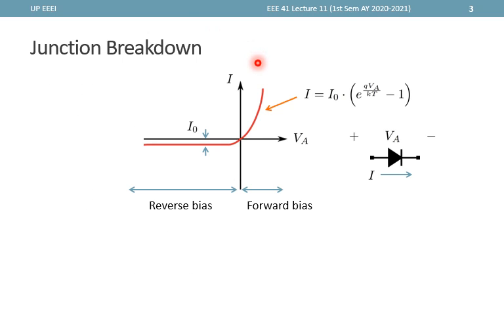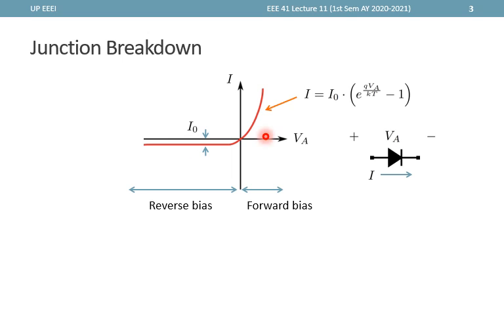Let's start with our ideal diode as expected or predicted by the Shockley model equation. Here we have the plot of the IV curve, and we know that at forward bias, the current increases exponentially, whereas at reverse bias, the current saturates and approaches a value minus I naught.